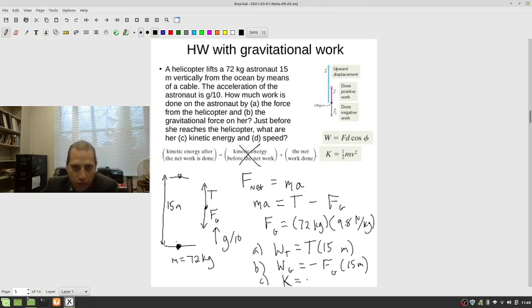A different way that you could do that is with F net times 15 meters. And of course, once you have that kinetic energy, because you know her mass is 72 kilograms, you can use that K and solve for v, because it asks you for the speed. Okay, so there's quite a few parts on it, but none of the parts is terribly tough.